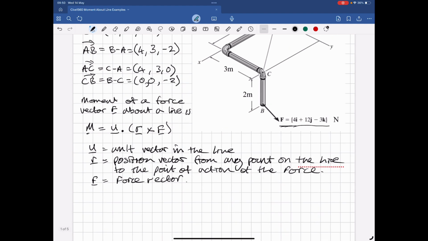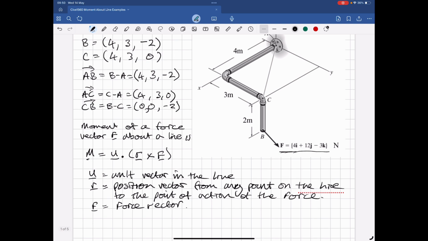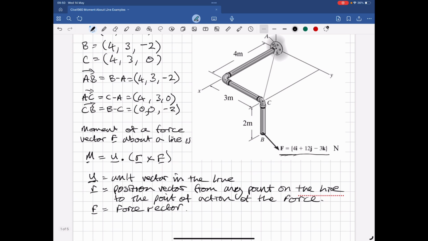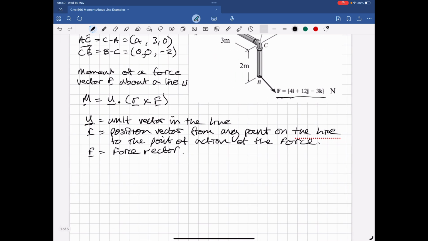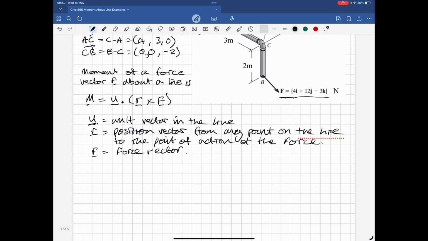So the first thing we need to do for each question is get the unit vector. In this case it's quite easy for the three parts because the unit vectors are in the x, y, z axes. So let's write this down. We'll write u, and I'll call it x for the x direction.